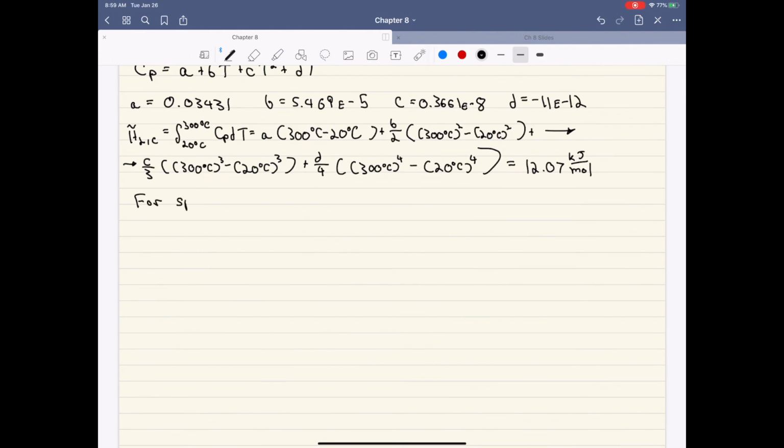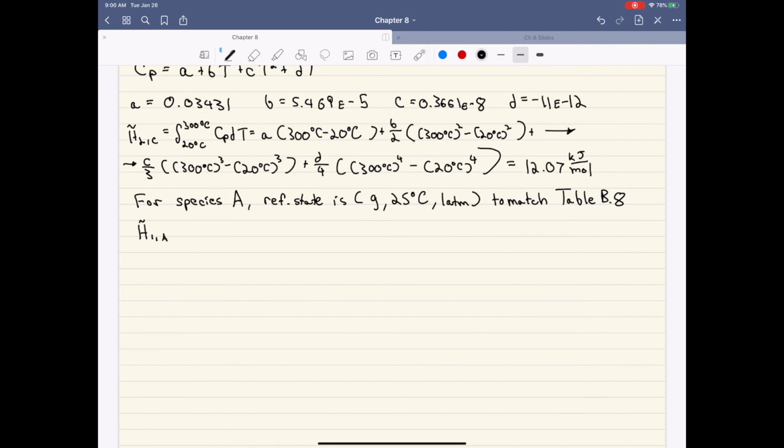For species A, I'll say the reference state is a gas, 25 degrees C, and 1 atm to match table B8.